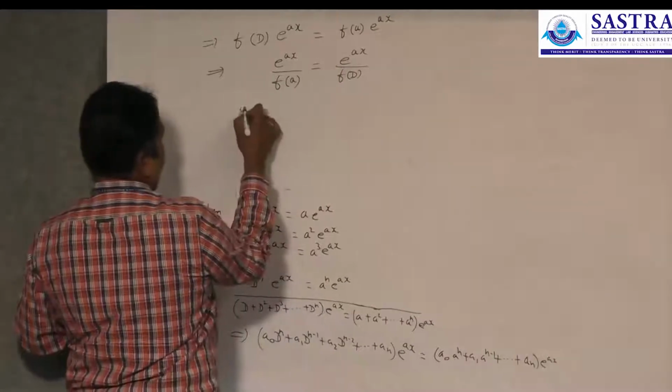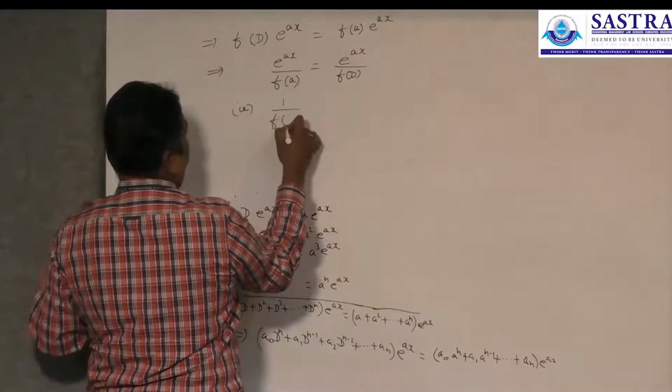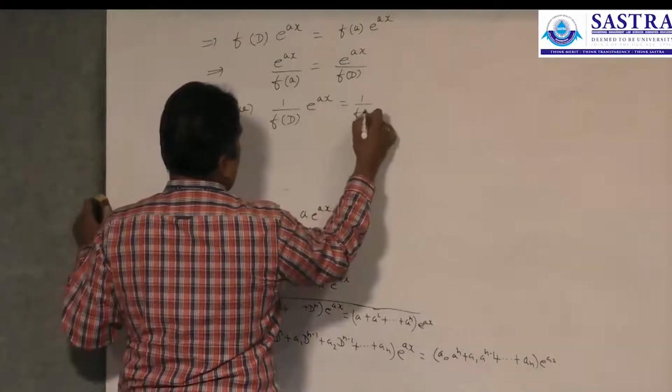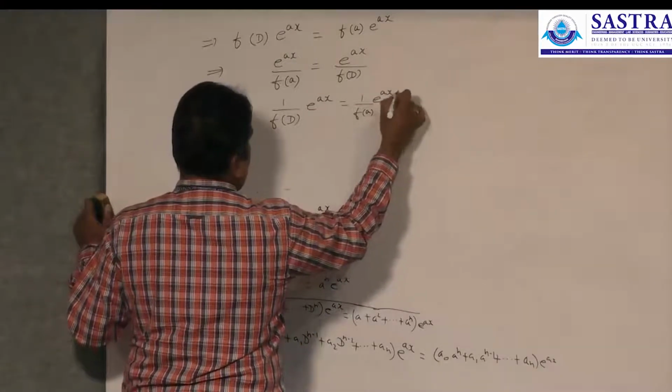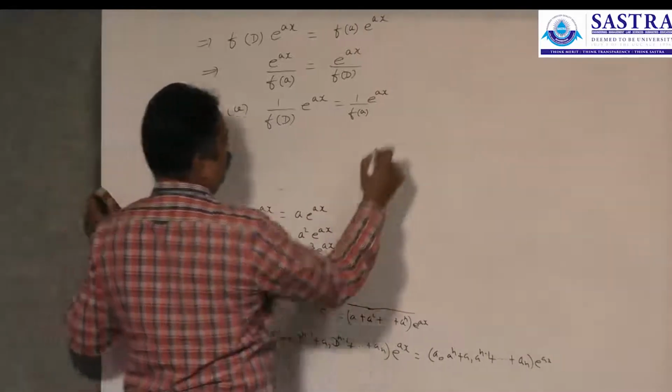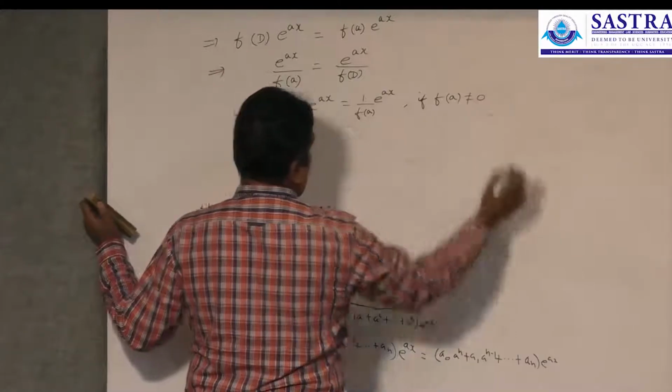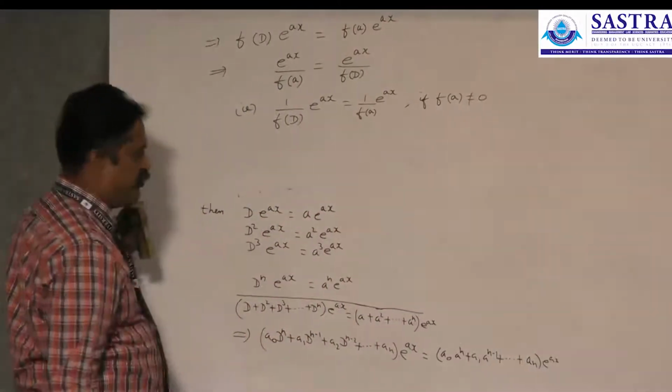That is, 1 by f(D) e^(ax) is equal to 1 by f(a) e^(ax), provided f(a) is not equal to 0.